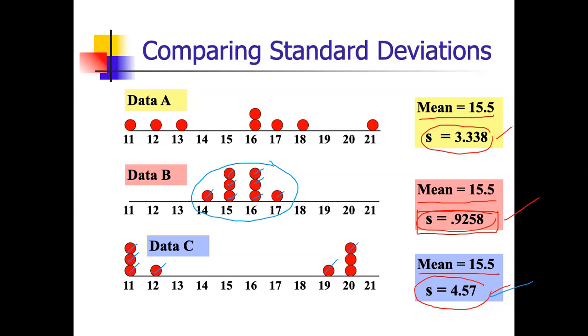We also have 20, 20, and 20. So the values are extreme. We have values at the far left of the distribution and also values at the far right of the distribution. That's why we end up with the standard deviation which is the biggest among all three of them.